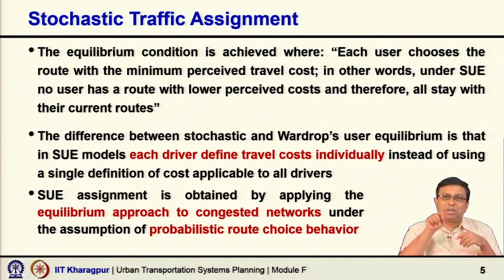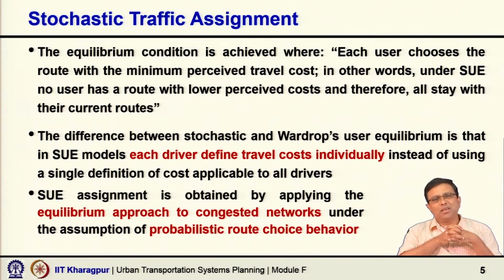So, with variability in that perceived travel time, still we are reaching an equilibrium. This equilibrium is going to be different than the deterministic user equilibrium, because the perceived travel times and travel cost along different paths are different to different individuals.